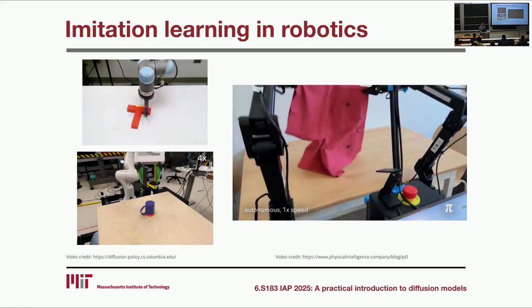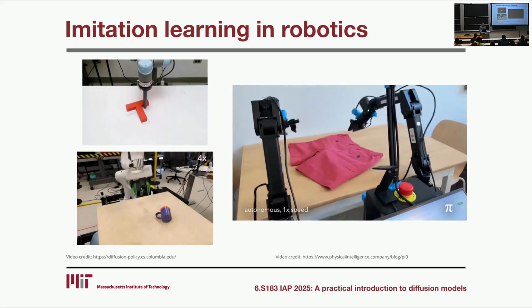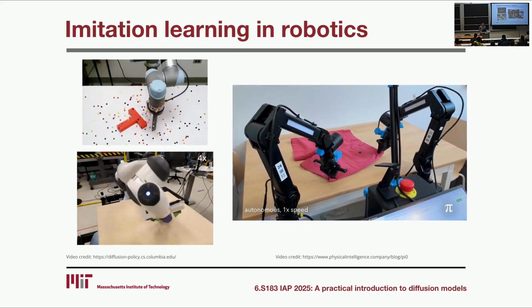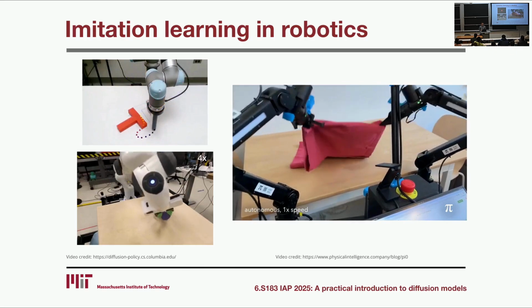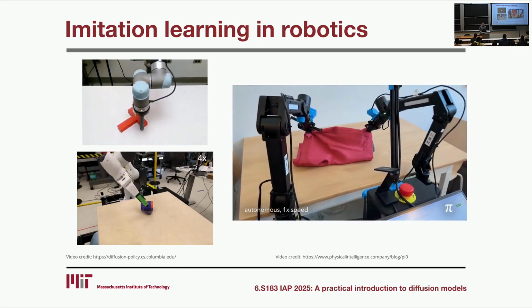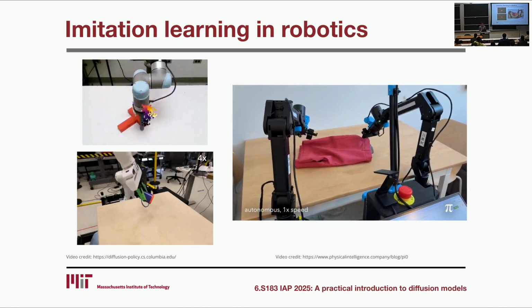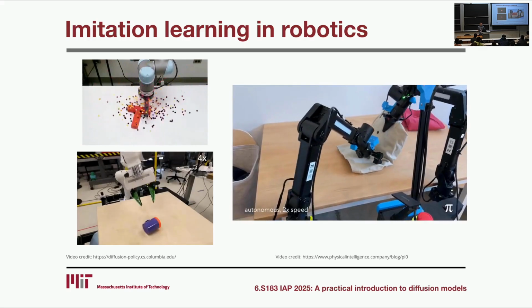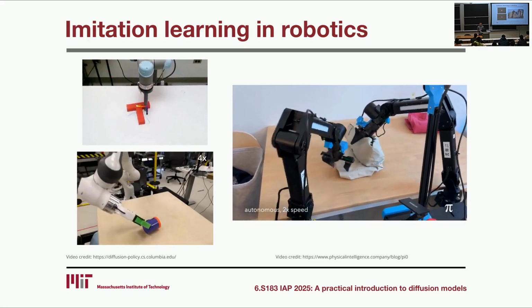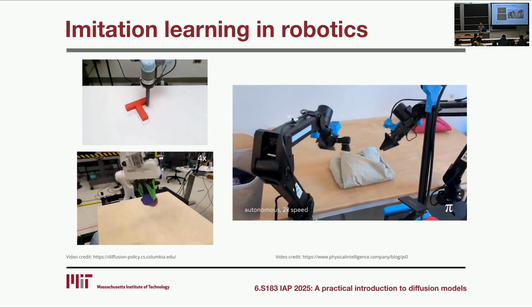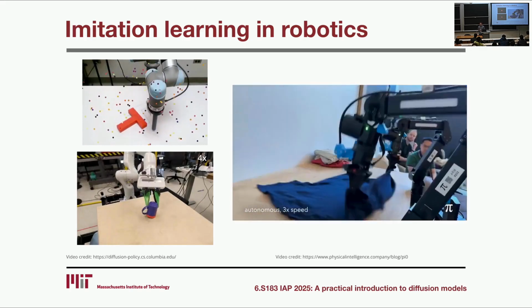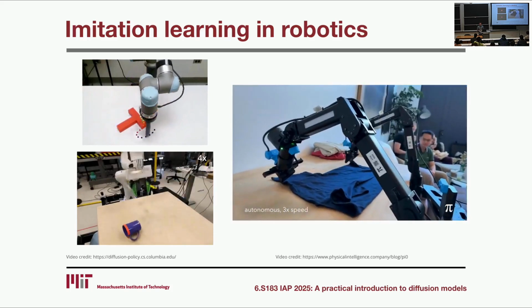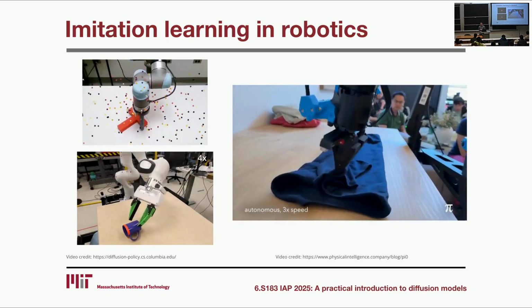So you can see that it's able to do a task like picking up a mug and flipping it upside down, as well as folding clothes and doing laundry. What's very impressive is that people have found these policies learned using diffusion models are quite robust to different perturbations, and also work very well for deformable objects such as clothes.